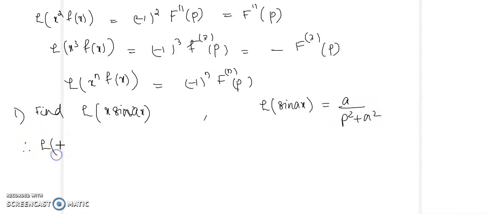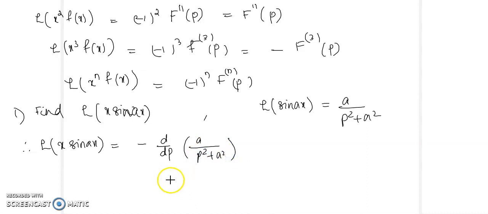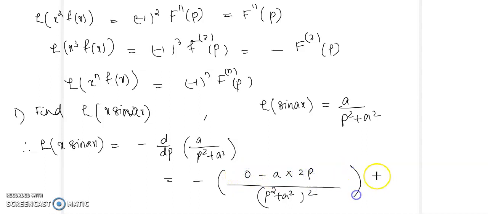Therefore L of x sin ax will be equal to minus d by dp of a by p square plus a square. Using the quotient rule, you will get minus of p square plus a square into 0 minus a into 2p, over p square plus a square whole square. So that will be 2ap by p square plus a square whole square. This is the Laplace transform of the function x sin ax.